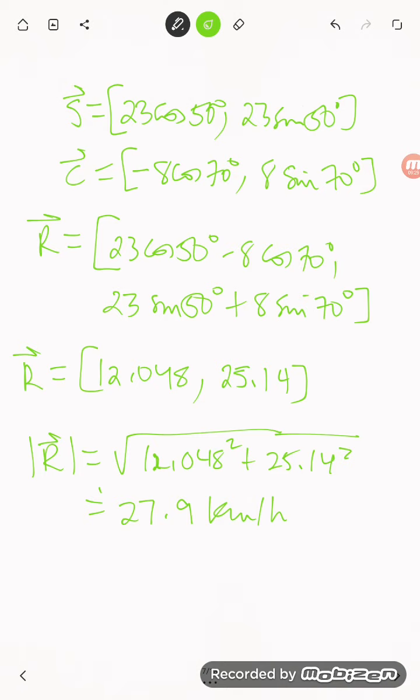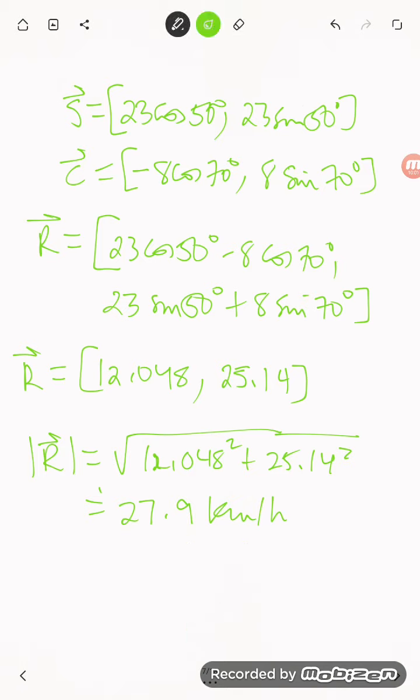Now for the direction, we're just going to have to figure out what angle it is that we're looking for here. So if we go back to our diagram of the ship's velocity, which was somewhere here with 40 degrees there, actually, no, sorry, wrong, erase that.